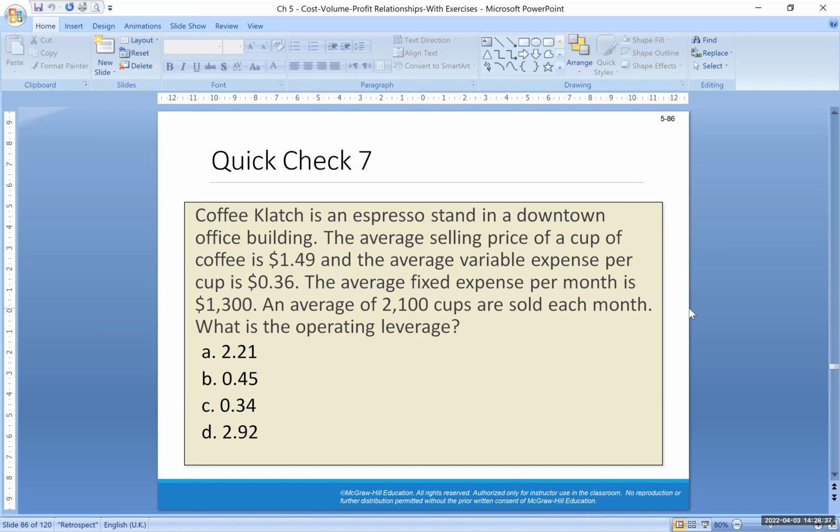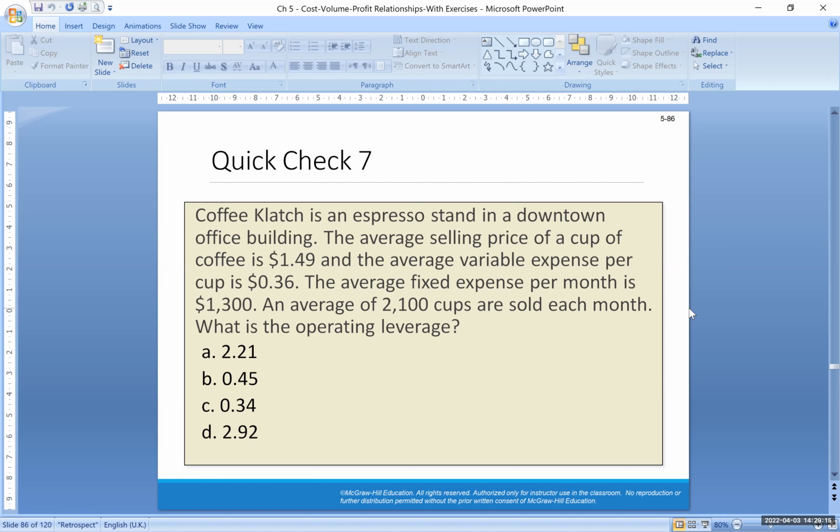Quiz number 7. Coffee Clutch is an espresso stand in a downtown. The average selling price of a cup of coffee is $1.49, and the average variable expense per cup is $0.36.